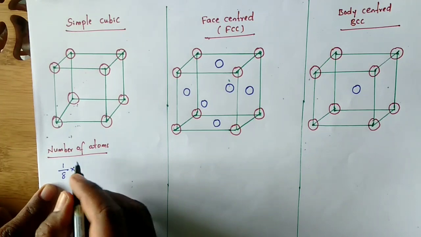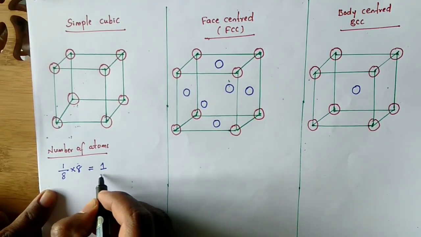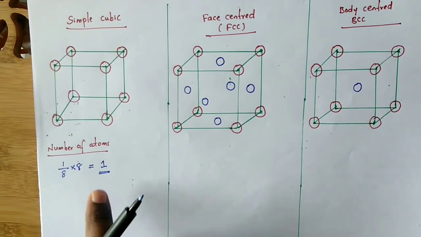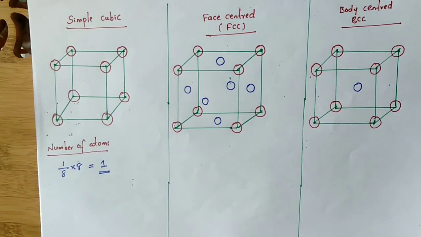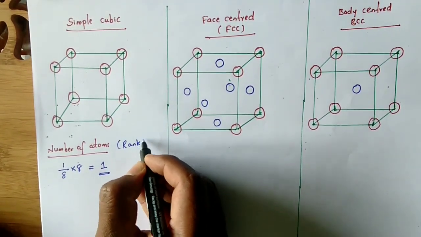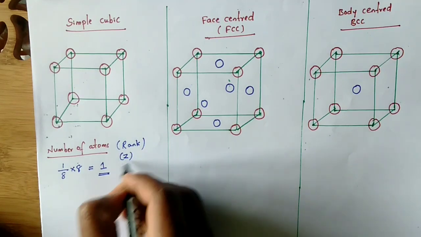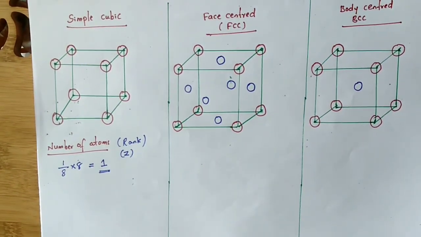Total how many atoms are there? 8 atoms. So 1 by 8 into 8 is 1. That means the effective number of atoms in this unit cell is 1. This is also called rank, indicated with Z. What is the rank of simple cubic? 1, that is 1 atom.